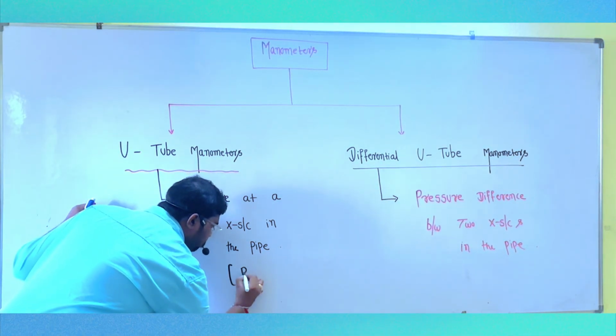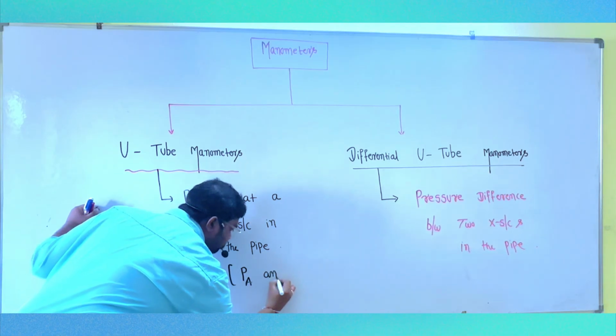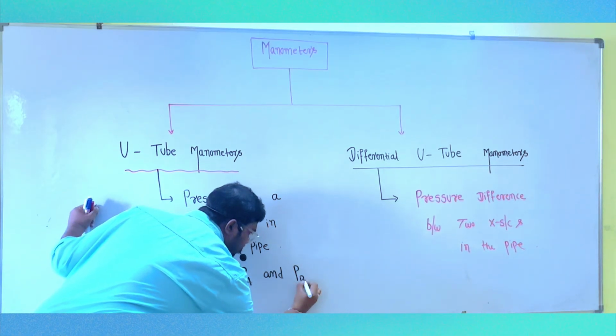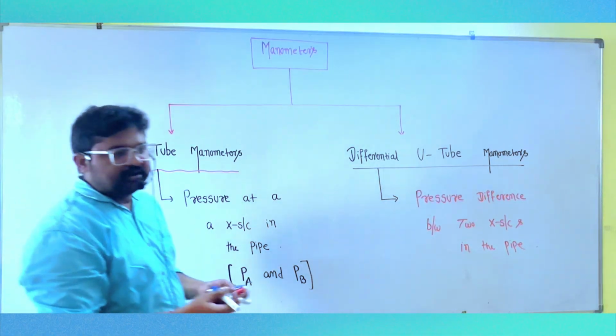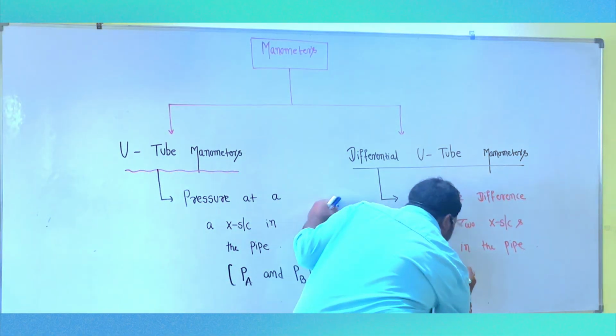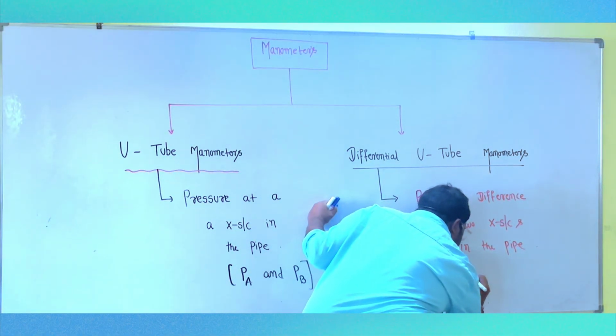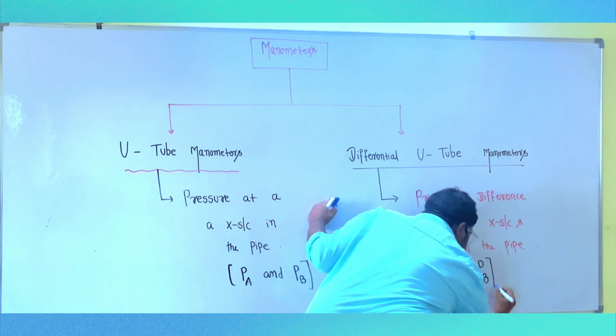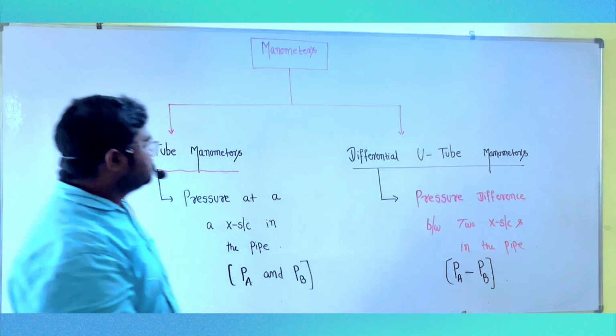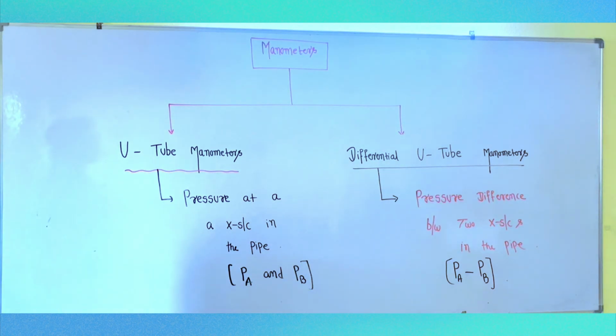To calculate PA and PB, we use the U-tube manometer, and to calculate PA minus PB, we need to use the differential U-tube manometer.